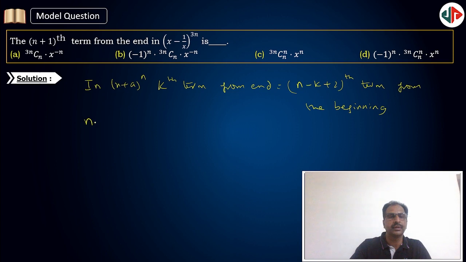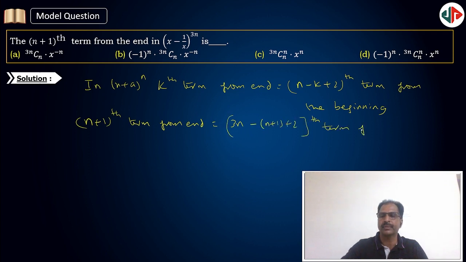Therefore, the (n+1)th term from the end, here n is 3n, is (3n - (n+1) + 2)th from the beginning. This is nothing but 2n + 1.